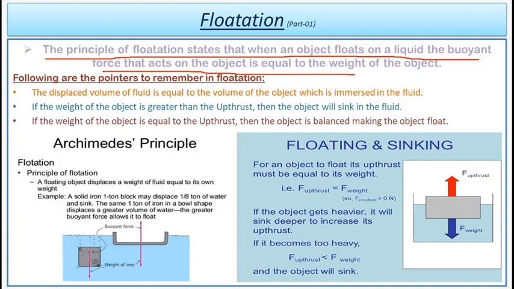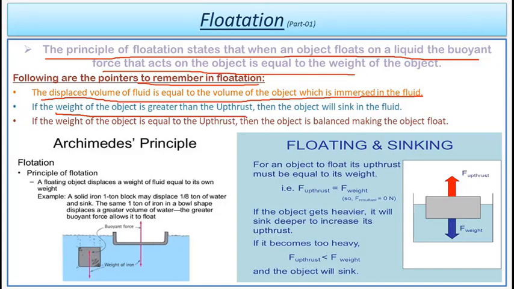Now you need to remember these points for understanding flotation. The displaced volume of fluid is equal to the volume of the object which is immersed in the fluid. If the weight of the object is greater than the upthrust, then the object will sink in the fluid. Whereas, if the weight of the object is equal to the upthrust, then the object is balanced, making the object float.